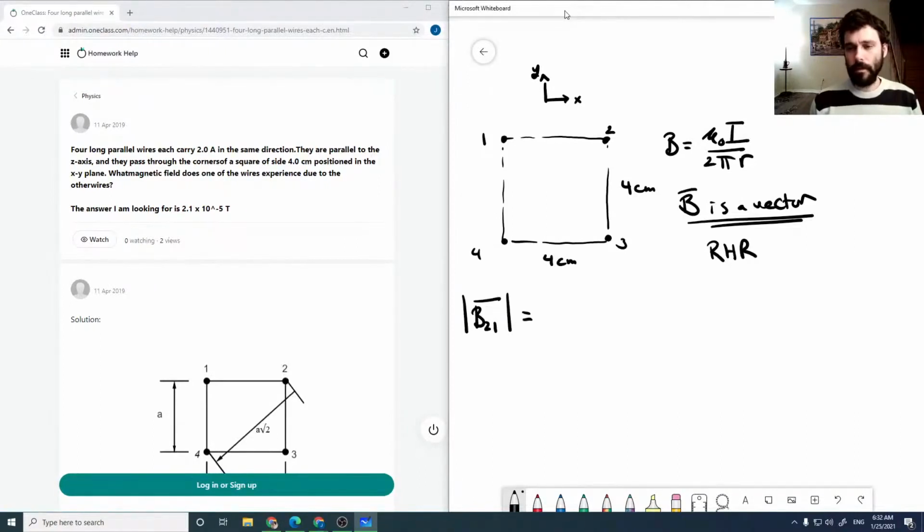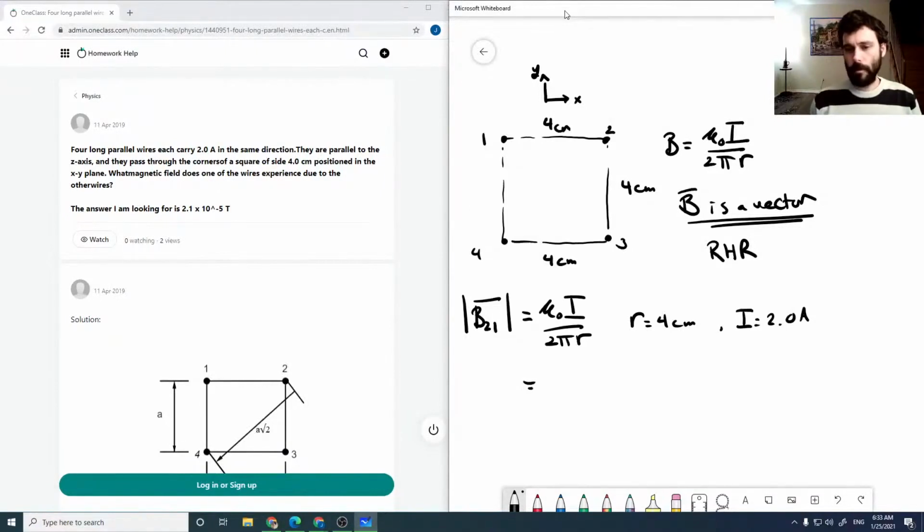So right now I'm just going to do B 2 to 1. My magnitude is mu naught I over 2 pi r. My r is 4 centimeters. My I is given in the question as 2 amps.